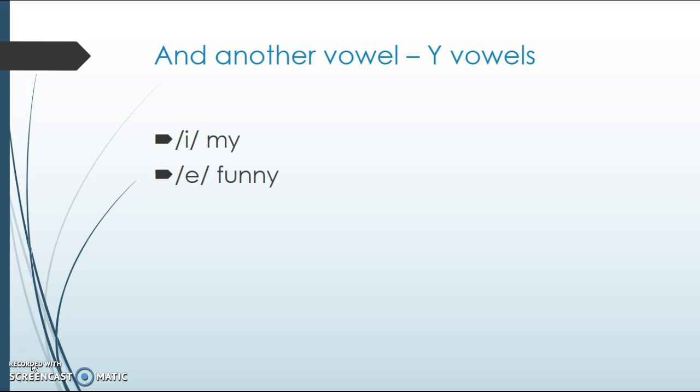The next suggested step is adding another vowel, which is the grapheme Y, representing the long I sound, as in my, or the long E sound, as in funny. So at this point, we're taking phonemes that students know and showing the students that these phonemes can be represented by different graphemes.